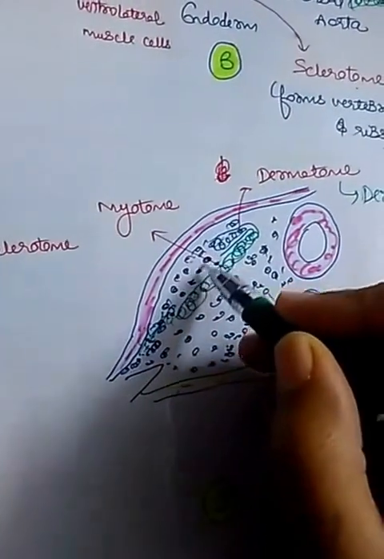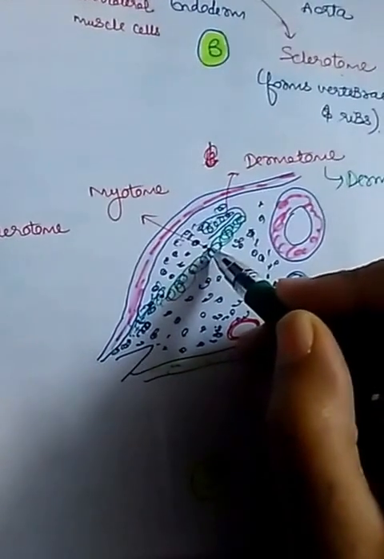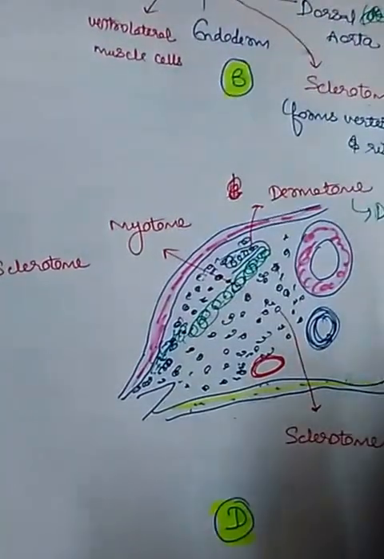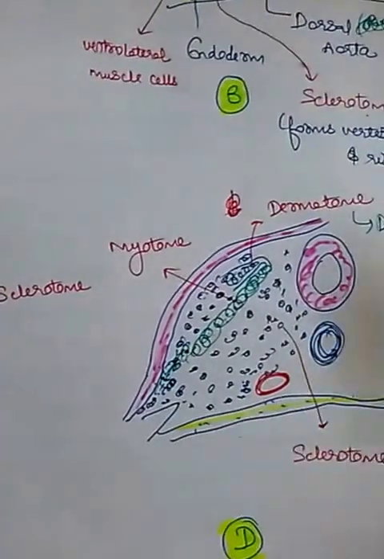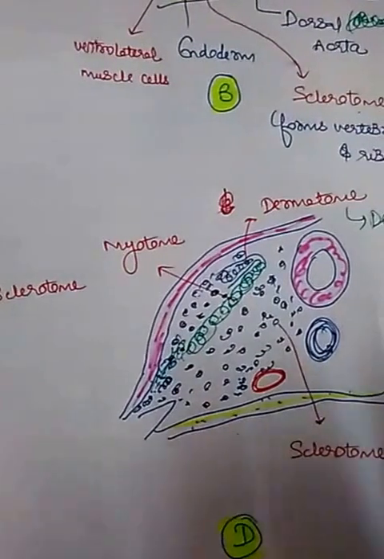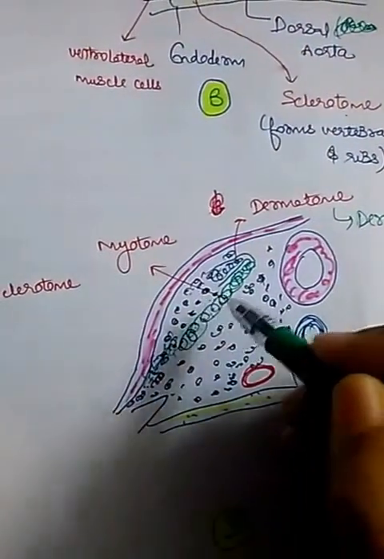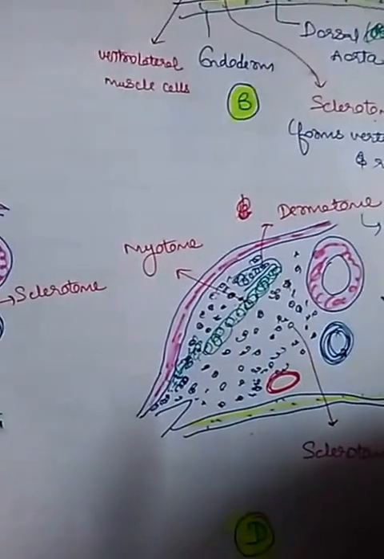And the remaining dermamyotome forms the dermis of the skin of the back, intercostal muscles, and many other muscles of the back and body wall also. Basically these are overlapping. We will study later which muscle originates exactly from which part. But till now you should know that dermamyotome forms the intercostal muscles and some limb muscles also.